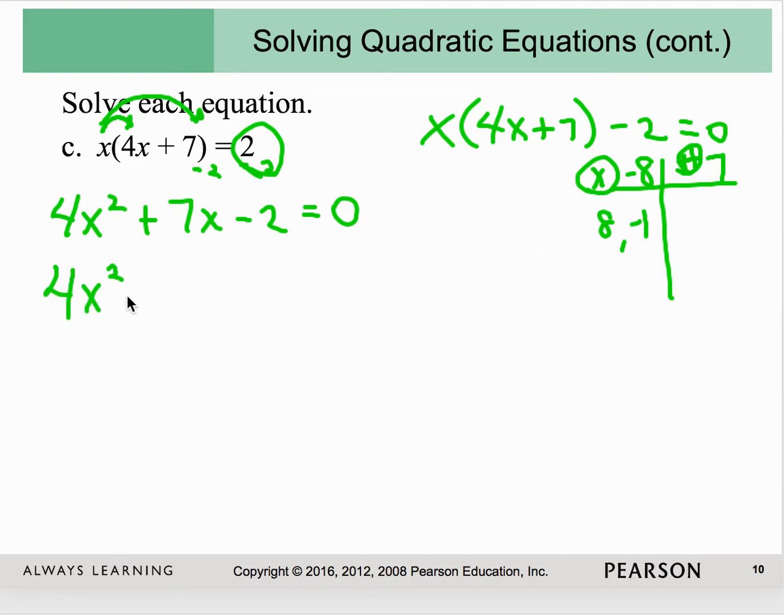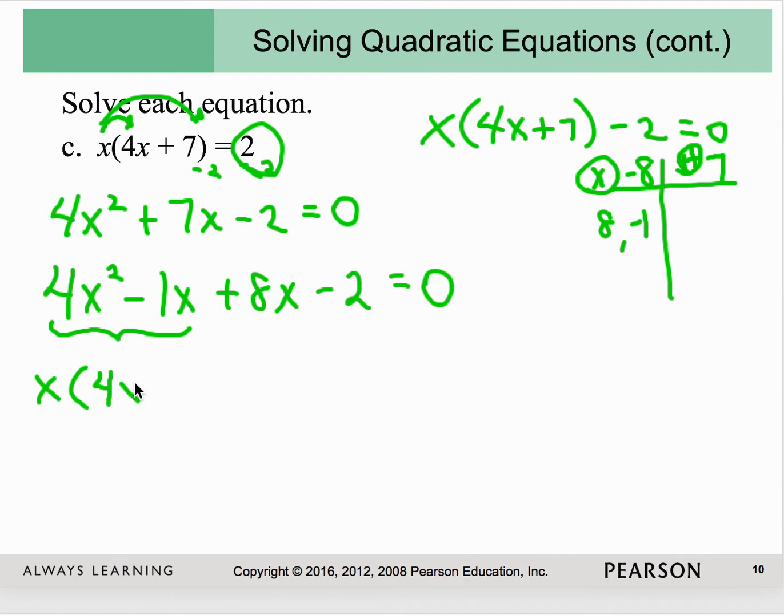And I'm going to put the minus here. Some of you may want the 8 with the 4, but I want the minus here. So minus 1x plus 8x minus 2 equals 0. Write it either way. The only thing that'll factor out of these is an x. That leaves 4x minus 1.